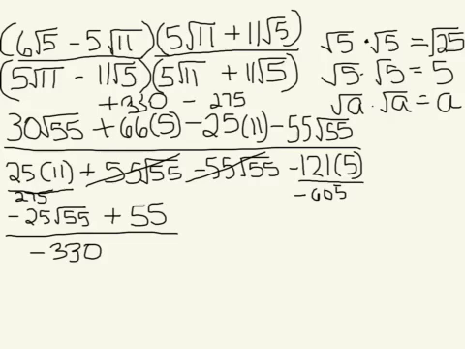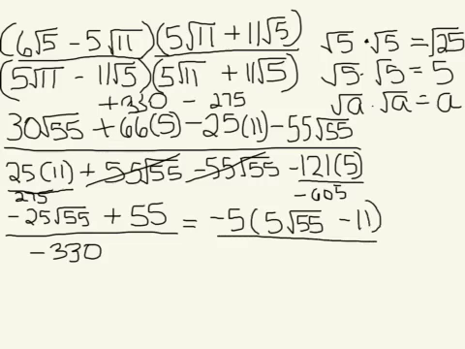Usually when the first term is negative, you factor out a negative, and then 25 and 55 are both divisible by 5. So if you wrote that as negative 5 factored out, you would get 5 root 55 minus 11. And then in the denominator you have negative 330.